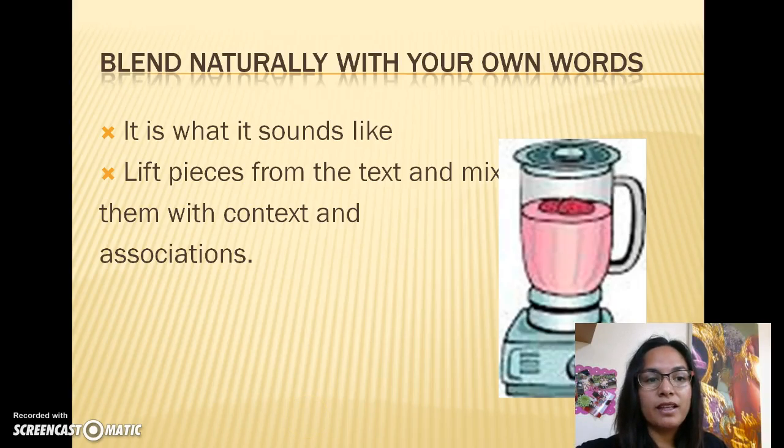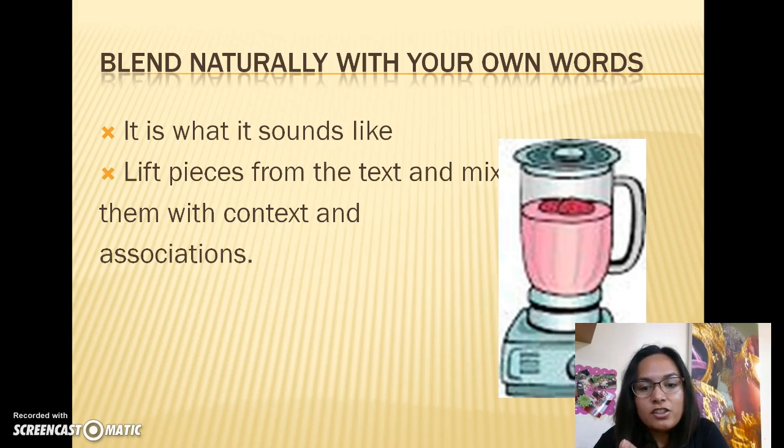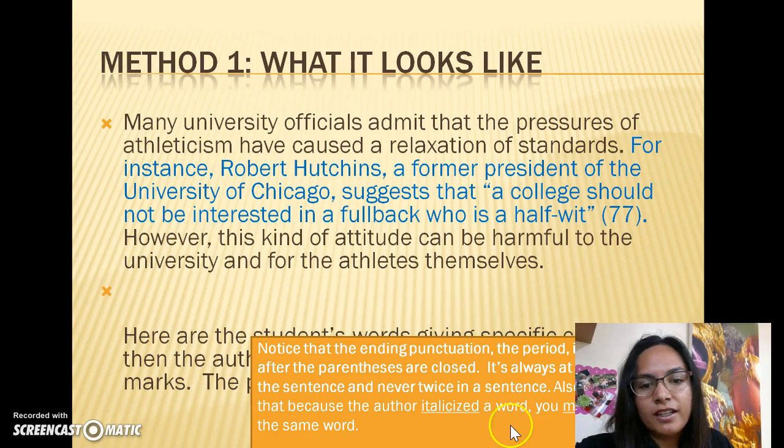So what do I mean by blending? Blending is, as we have discussed, what it sounds like. You lift pieces from the author's text and then you put them into your own so that it seems seamless. And when you do it artfully, that should be sufficient.